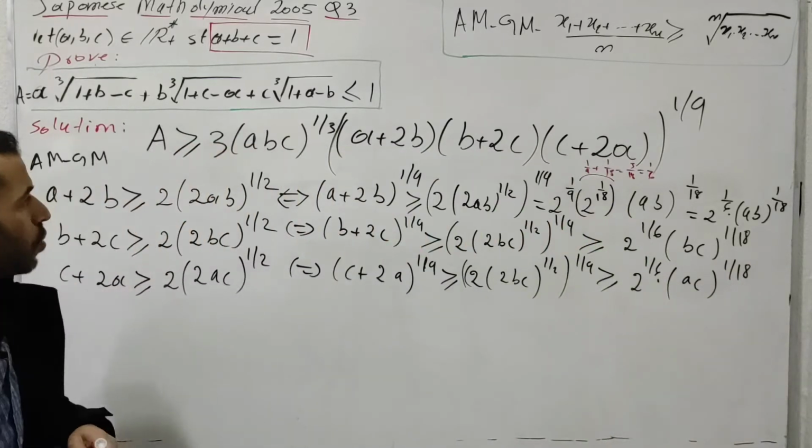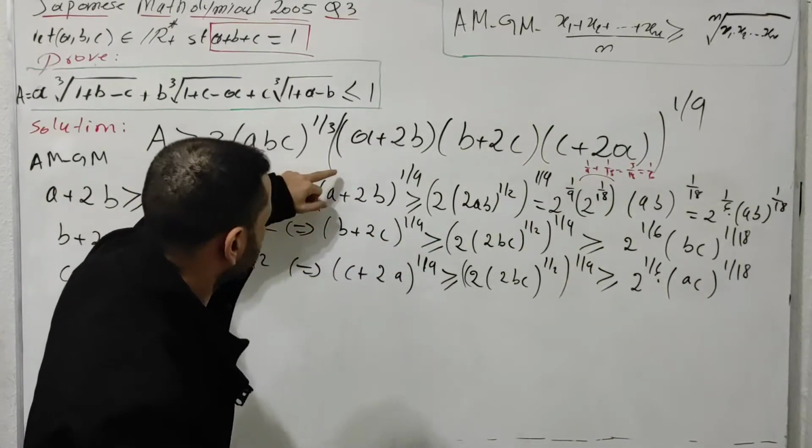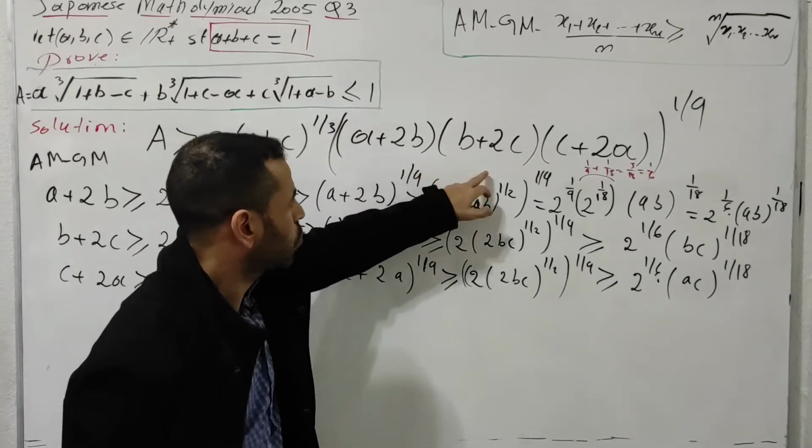So now what I'm going to do is make a nice product here by multiplying the first term by the second term by the third term.